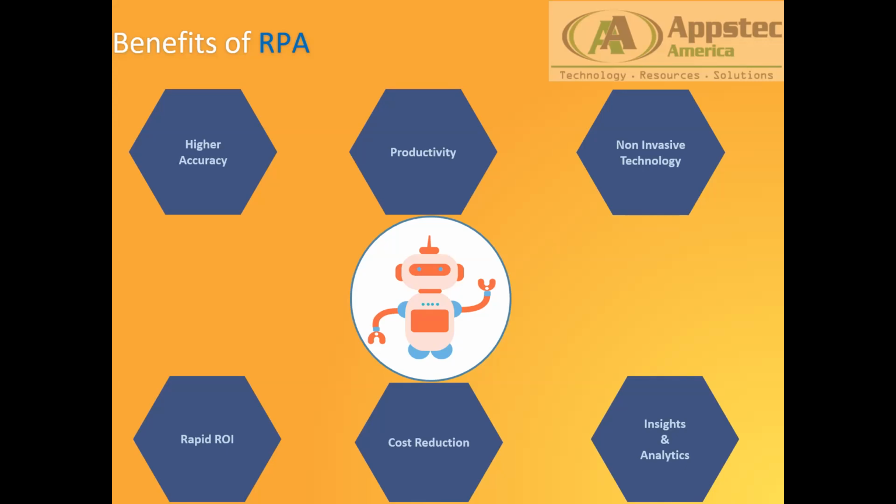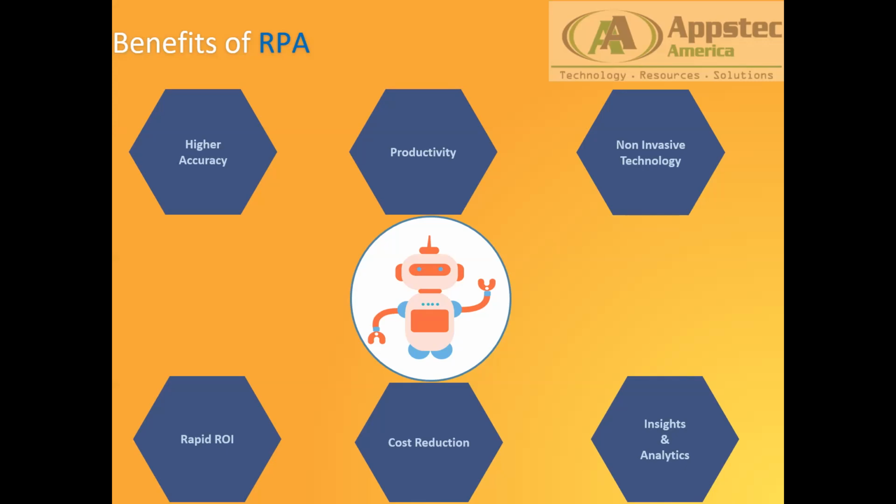Correct. So wherever you deal with numbers, sensitive processes, your accuracy matters. If I can see that my accounts process is highly rule based, I have a specific formula to calculate how much I should pay or how much I should receive, I can easily put in a software robot, program it accordingly, and ask it to do the task instead of a human, so that my accuracy is increasing.